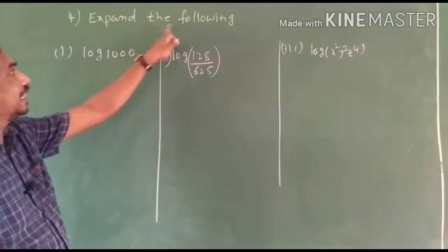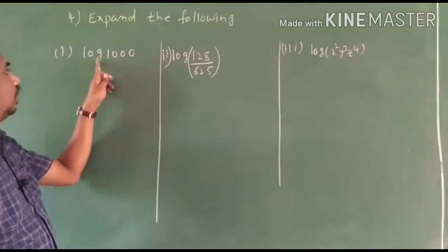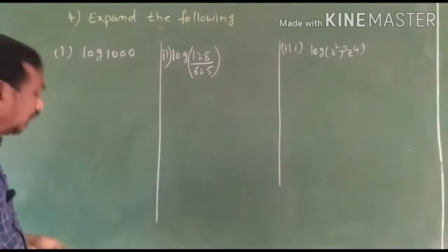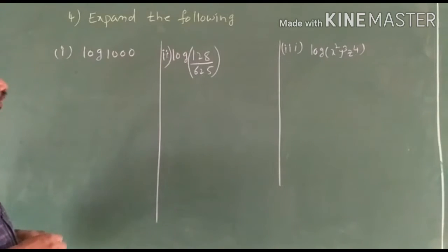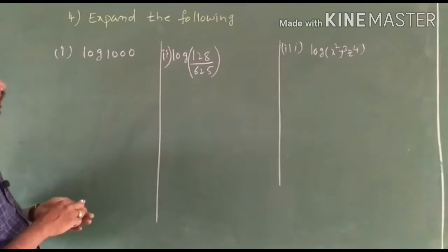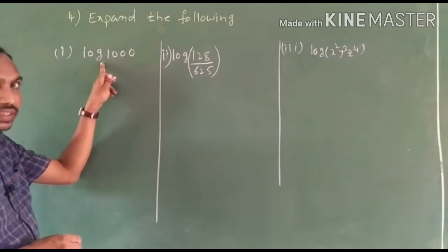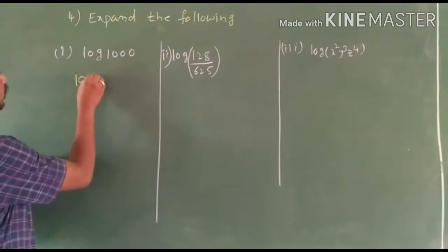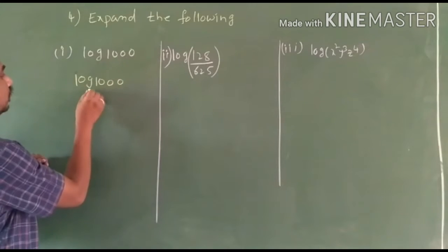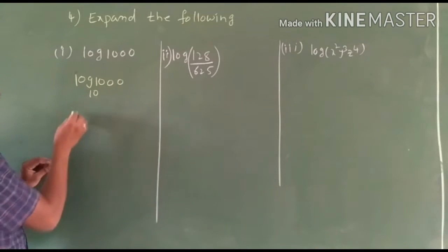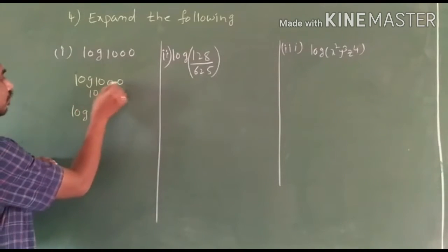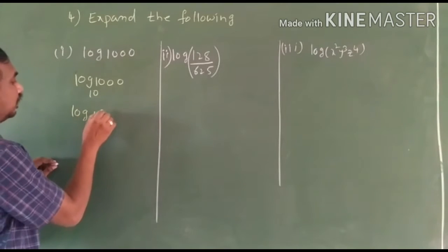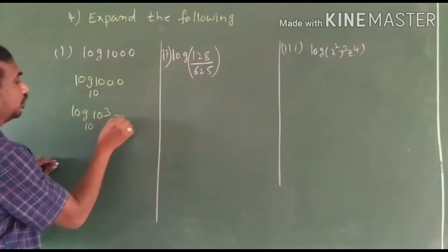Exercise 1.5. The problem is: expand the following. So log 1000, as I already told you, if nothing is given in the base, we need to take it as the common logarithm, base 10, that is log 1000 to the base 10. Log 1000 can be written as log 10 cube base 10.